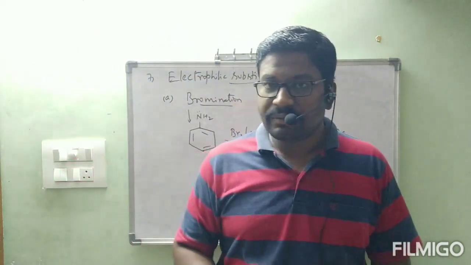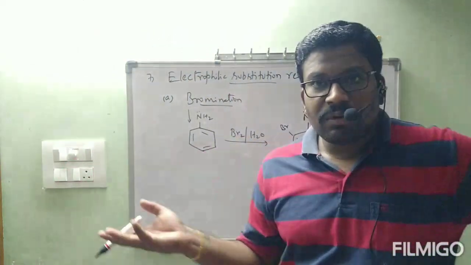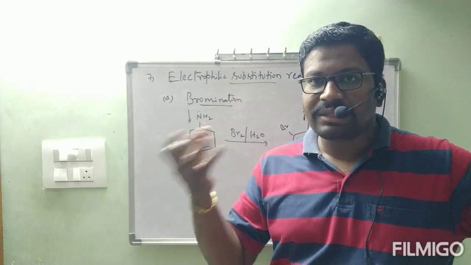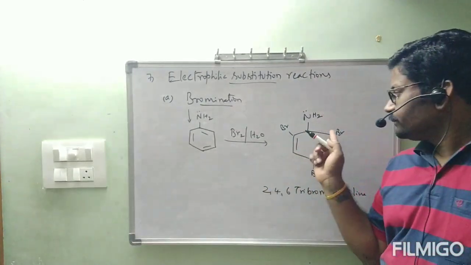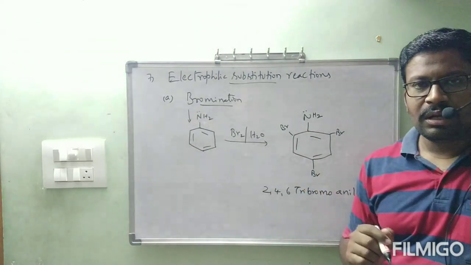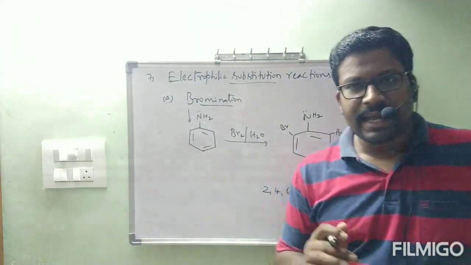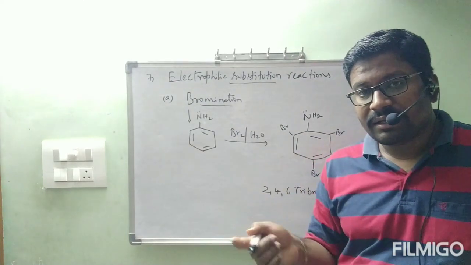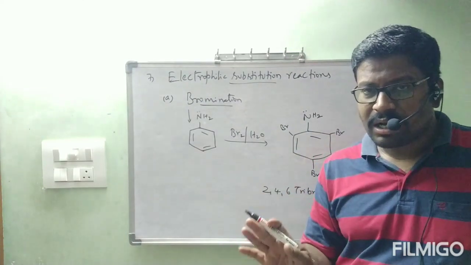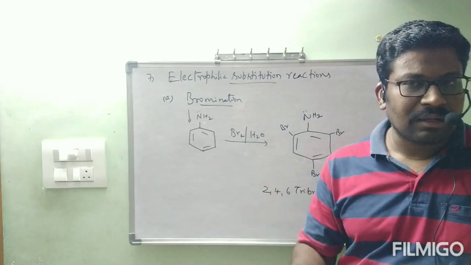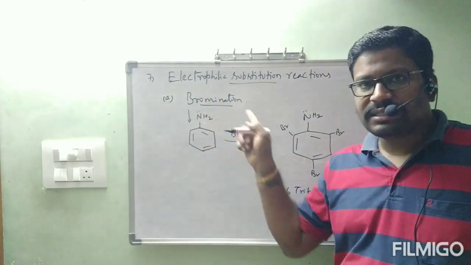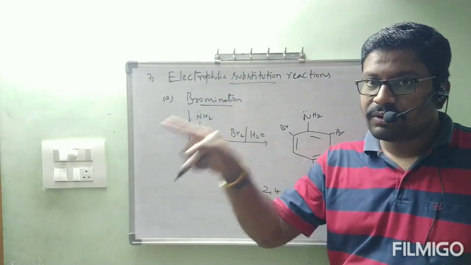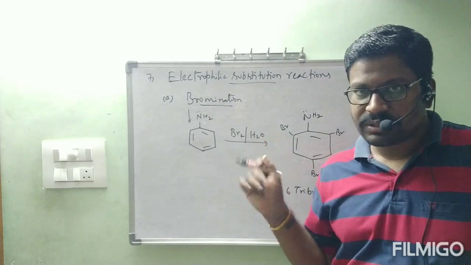When this is highly active, if you directly do bromination, all the three positions, ortho, para and ortho, are getting attacked by the Br+. That is the problem we are facing. But if you want particularly the ortho position product only or the para position product only, then we have to deactivate this NH2. How we are going to deactivate this NH2 and how we are going to get the resultant product, that one we are going to see now.